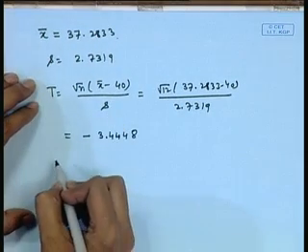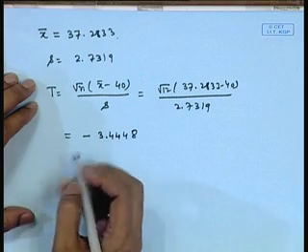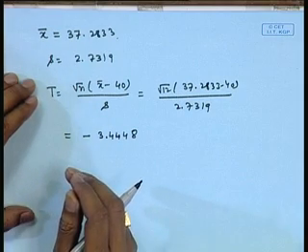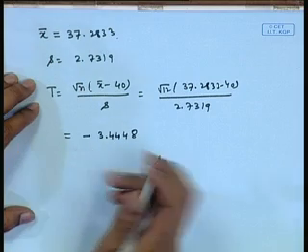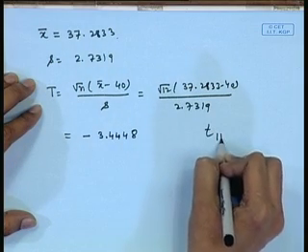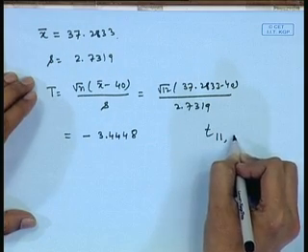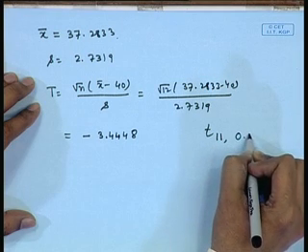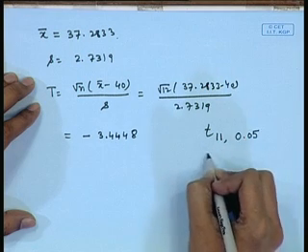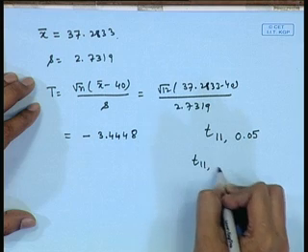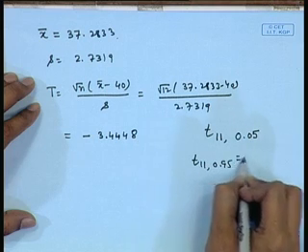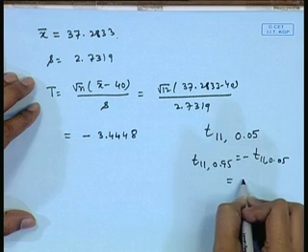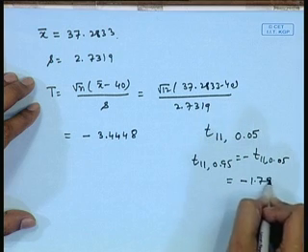So, now the test function will be to reject H naught if this value of t is less than or equal to t n minus 1, that is 11, at alpha. Suppose here I take alpha equal to 0.05. So, we may consider t 11, 0.95, that is equal to minus t 11, 0.05, that is equal to minus 1.796.